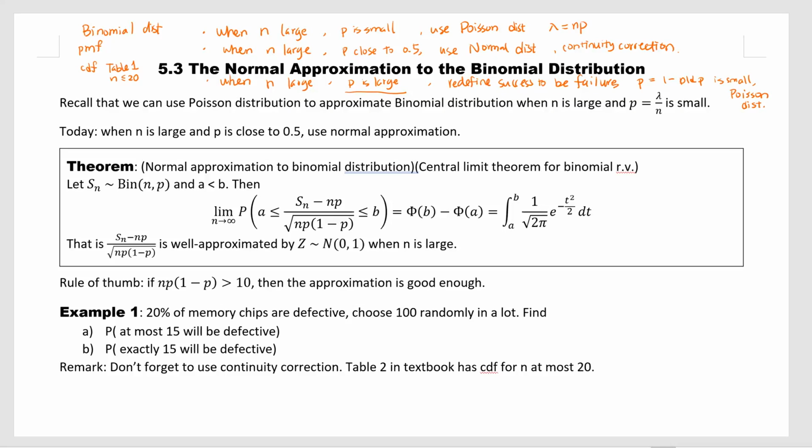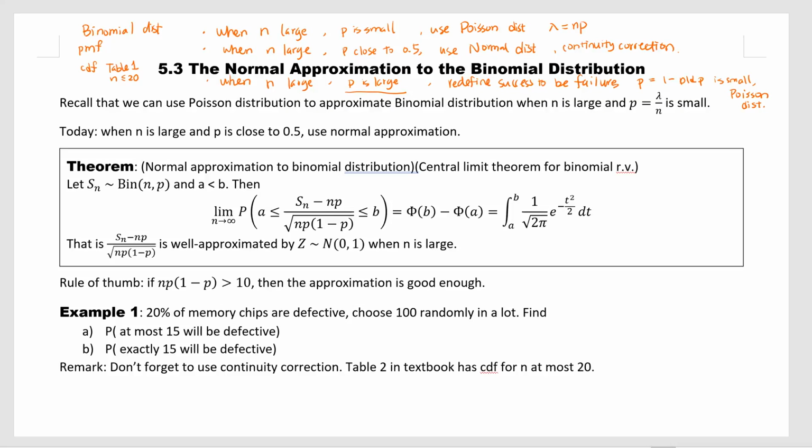Because for the binomial distribution, let's say we flip a coin 10 times and count the number of heads. If p is large, if the probability of getting a head is large, we can let our success be getting a tail. Then the probability of getting a tail is small.